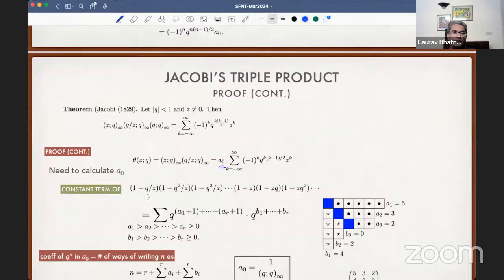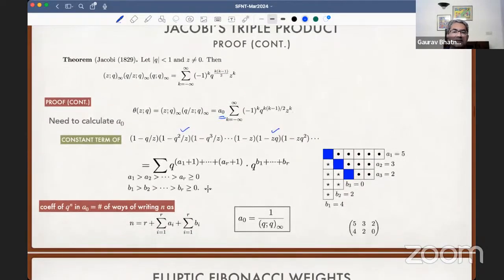And to calculate the constant term, just think about it. If you write down the product, the constant term will take one term from here and one term from here to cancel the z's. So it will be of this form: q raised to a1 plus 1 up to ar plus 1 times q raised to b1 up to br, where this part is coming from here and this part is coming from here, and the a's are ordered somehow.